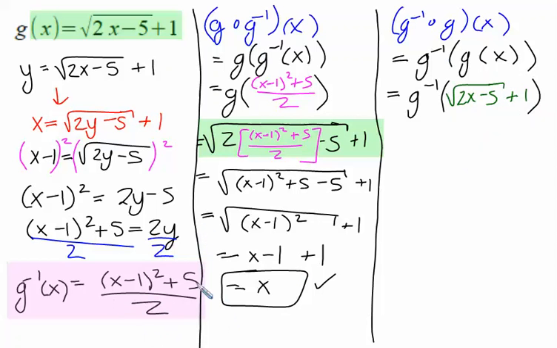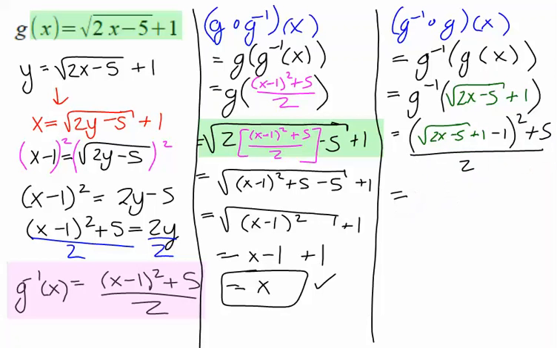Now we're plugging that into g inverse of x. So it's x, which is this thing, square root of 2x minus 5 plus 1. It's x minus 1 squared plus 5, all over 2. So we are kind of plugging it into that magenta thing, and hopefully we see how that works out.